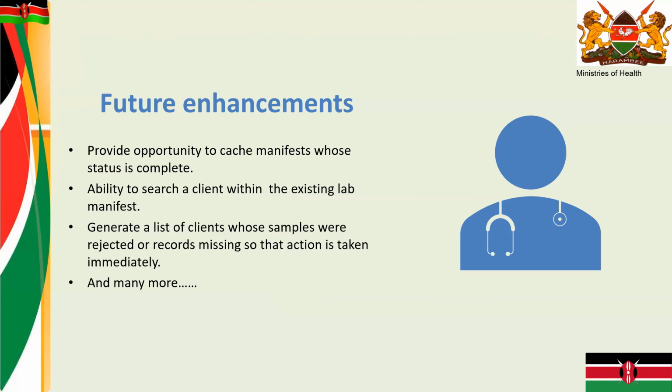Because if you look at the list of the previous manifests, the list keeps on growing and becomes longer and longer. So in terms of managing the resources, we could have an ability to cache the previous completed manifests, have them stored elsewhere so that we can reference them if there is need, but we ensure that we focus on the active manifests.